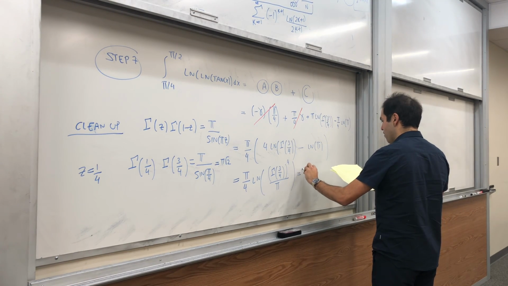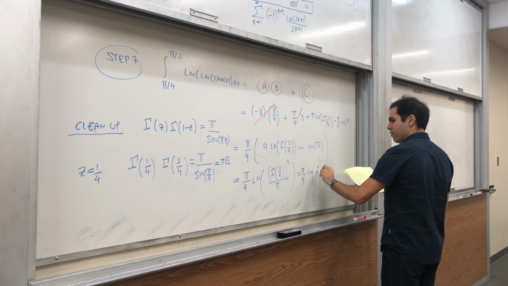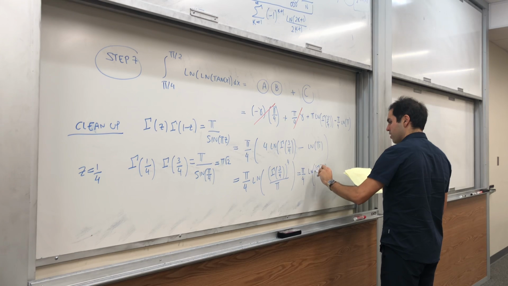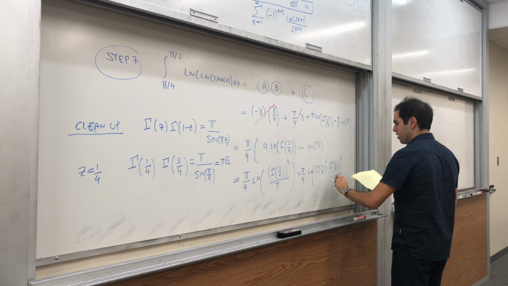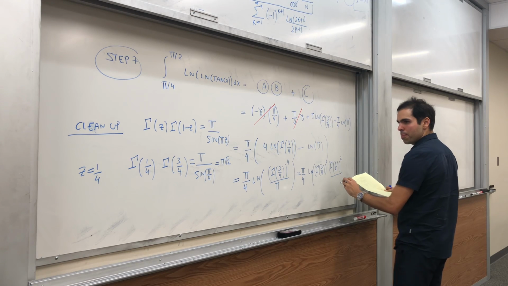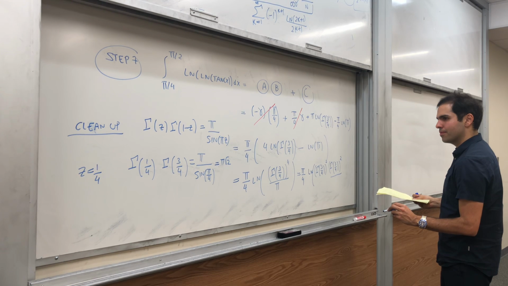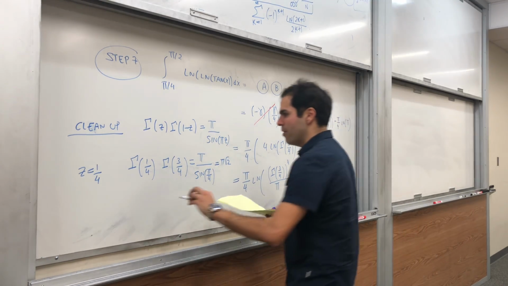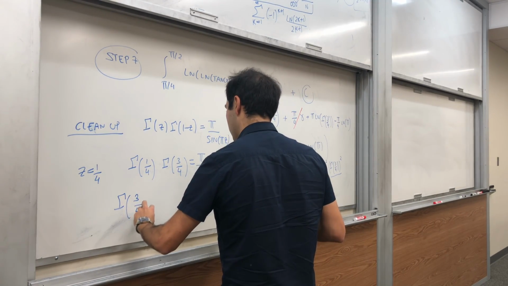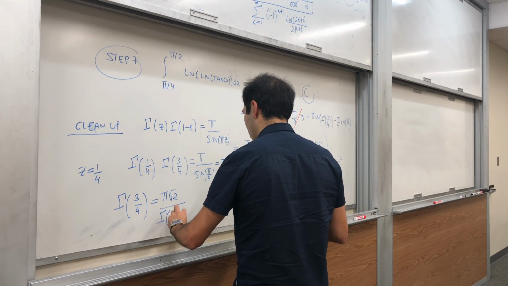And so what we get then is pi over 4 ln of gamma of 3/4 squared over, let's do a pi squared here. So let me just think, how do I simplify that? In particular, gamma of 3/4 equals pi square root of 2 over gamma of 1/4.